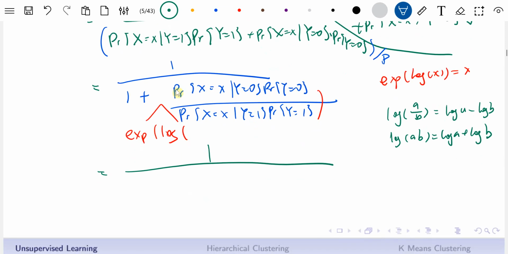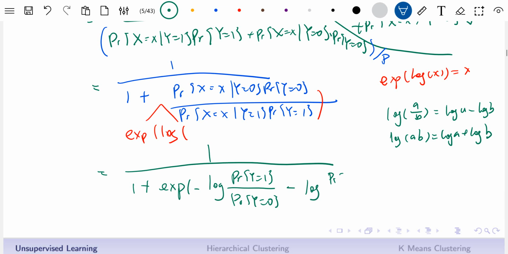So if you expand this and then put it back in an organized way, it's just minus log probability y is 1 over y is 0 minus log probability of x is x given y is 1 divided by probability of x is x given y is 0.